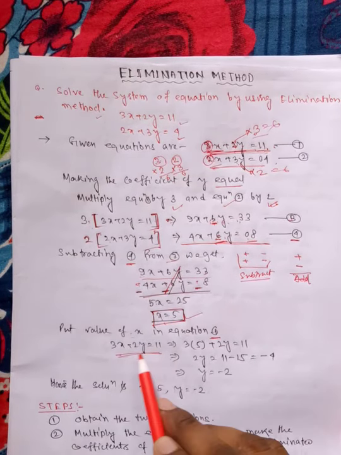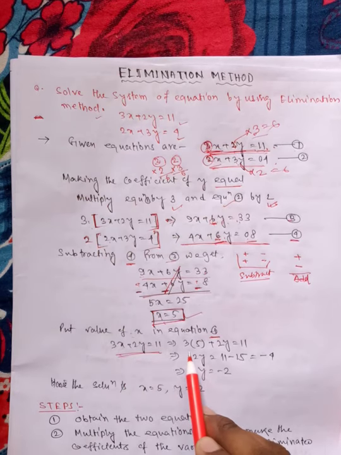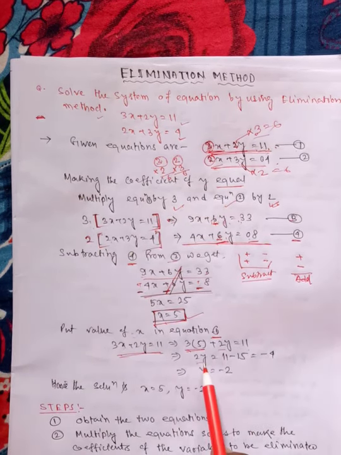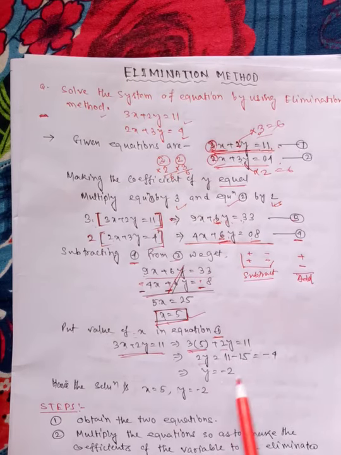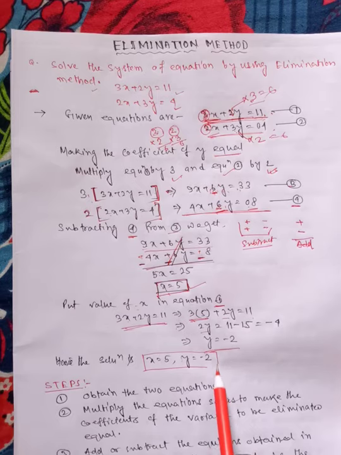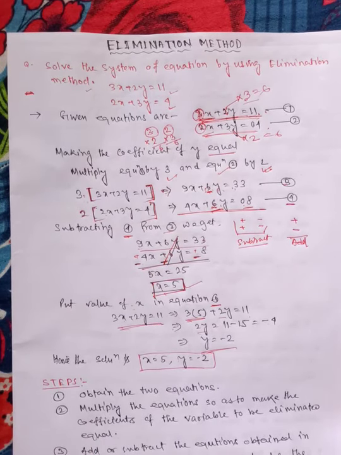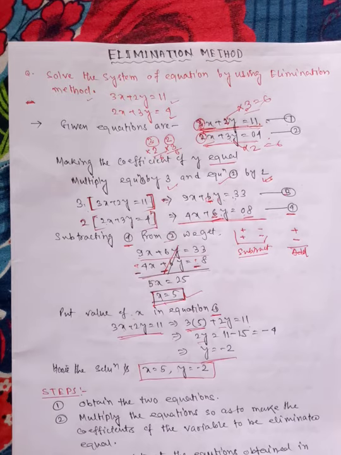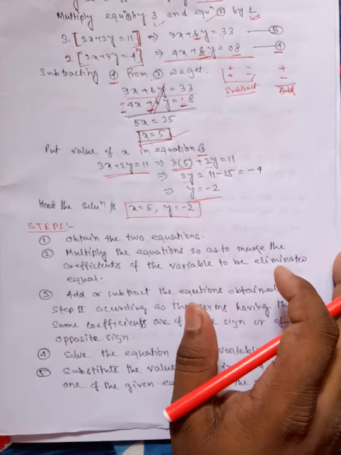Putting x equals 5, that is 3 into 5 plus 2y equal to 11, so 2y equals 11 minus 15, that is minus 4, so y equals minus 2. So the solution is x equals 5, y equals minus 2. This process is very easy to find the solution. You just have to first see how to equalize the coefficients, nothing else. So it is an easy method.